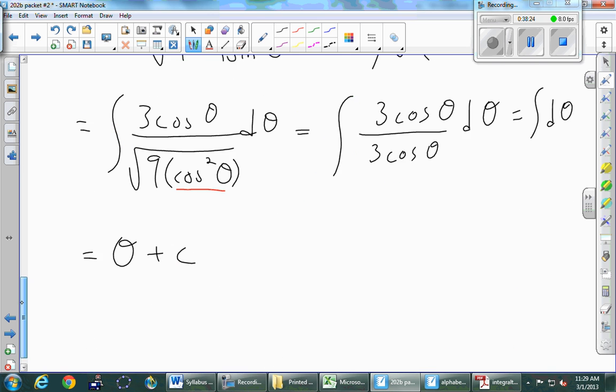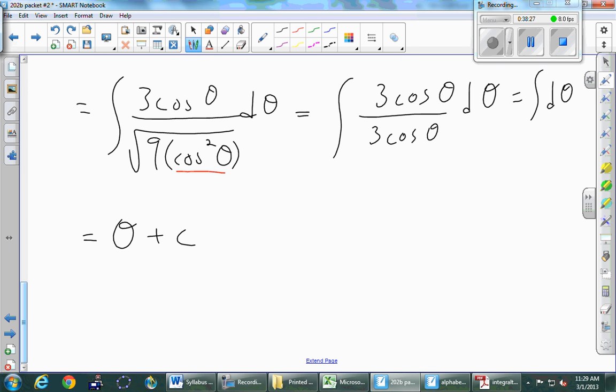Okay, last thing. The original integral had x. We introduced theta. We can't have theta in our answer. So let's go back to the very first thing we wrote, which was x equals what? 3 sine of theta. We need to figure out what theta is so we can plug it back in.